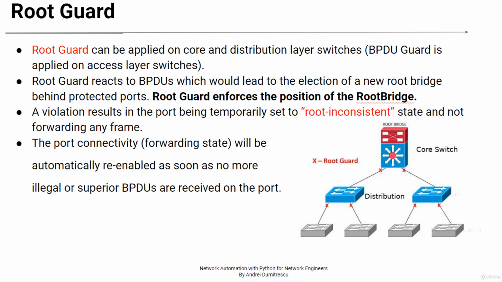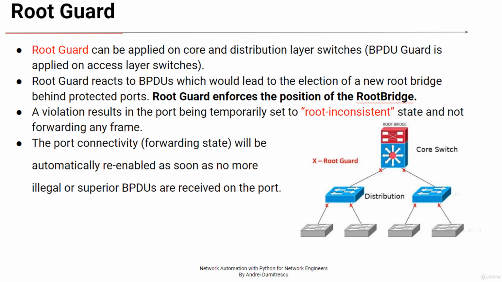This way, Root Guard enforces the position of the root bridge. A violation of the Root Guard policy, and that means receiving a superior BPDU on a port where Root Guard was enabled, results in the port being temporarily set to root inconsistent state and not forwarding any frame. The port connectivity, so the forwarding state, will be automatically re-enabled as soon as no illegal or superior BPDUs are received on the port.